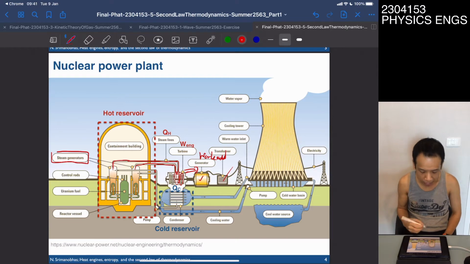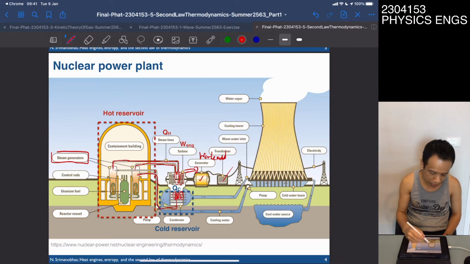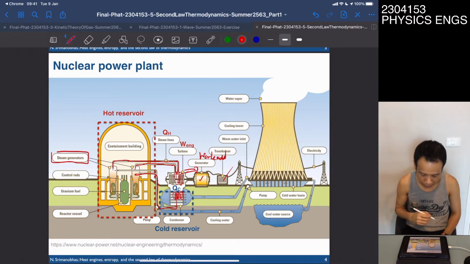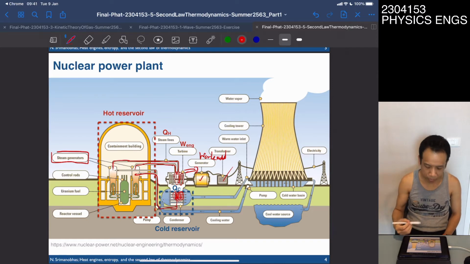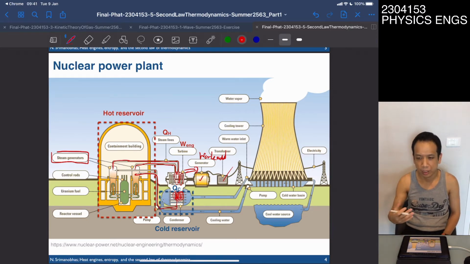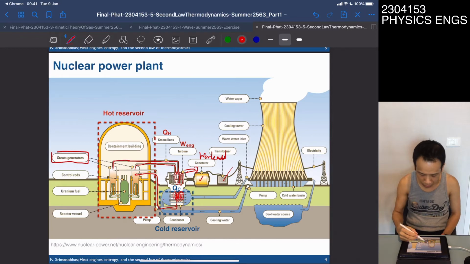After that, the steam condenses and goes back to the liquid state, and then goes back into the system. When it condenses, it transfers heat to, for example, the water, so the water starts to become hot, and then it goes out as steam.